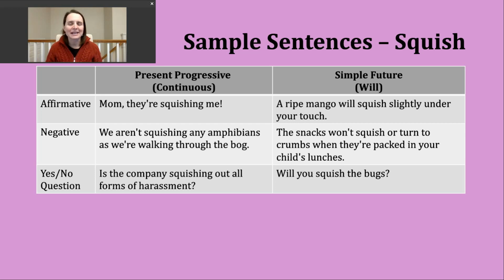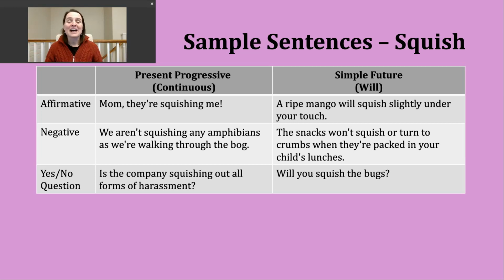To make a negative simple future sentence, what you see is the subject, then will not, and then the base verb. Sometimes instead of will not, you'll hear the contraction won't. You can see that in my example here. The snacks won't squish or turn to crumbs when they're packed in your child's lunches.